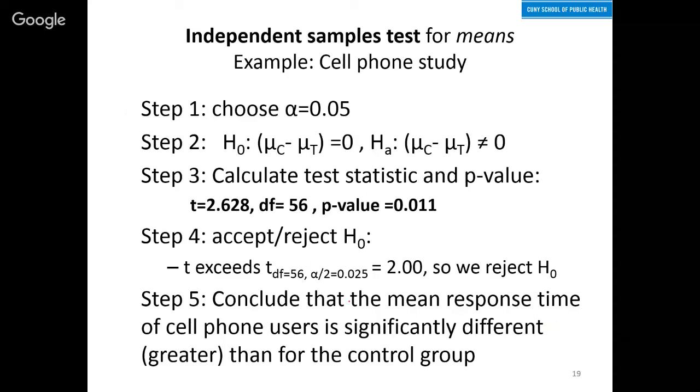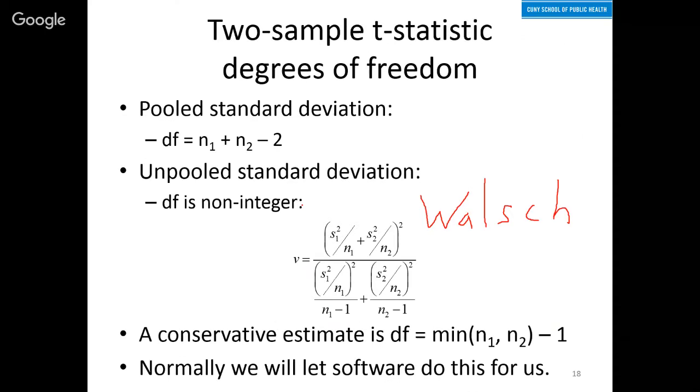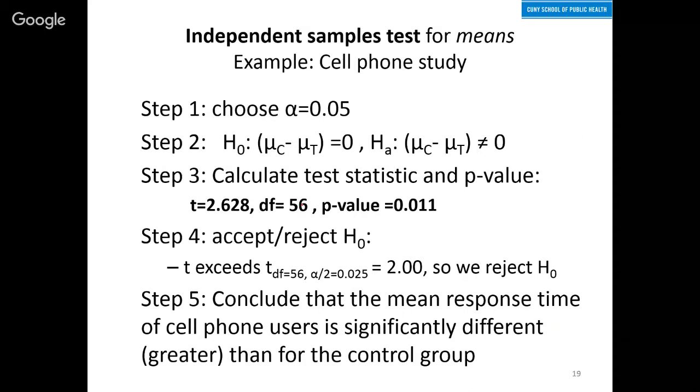Calculate our test statistic, and based on those means and standard deviations, I'm going to skip through the gory details, but you get a t-statistic of 2.628. In the pooled case anyways, our degrees of freedom is 30 plus, let's see, did I get this right? Why did I put DF equals 56 here?